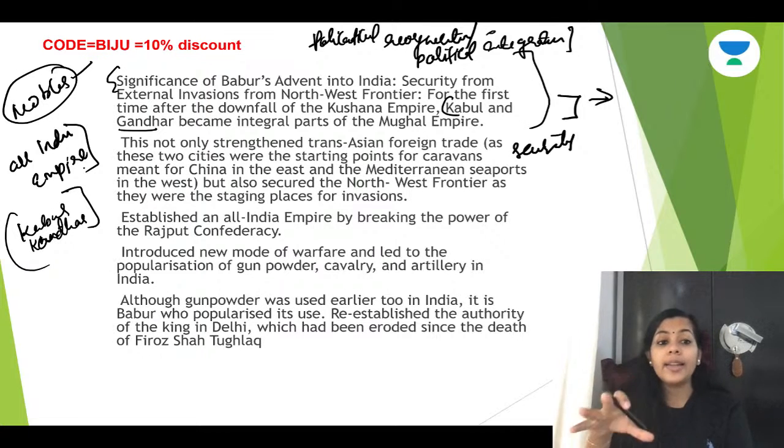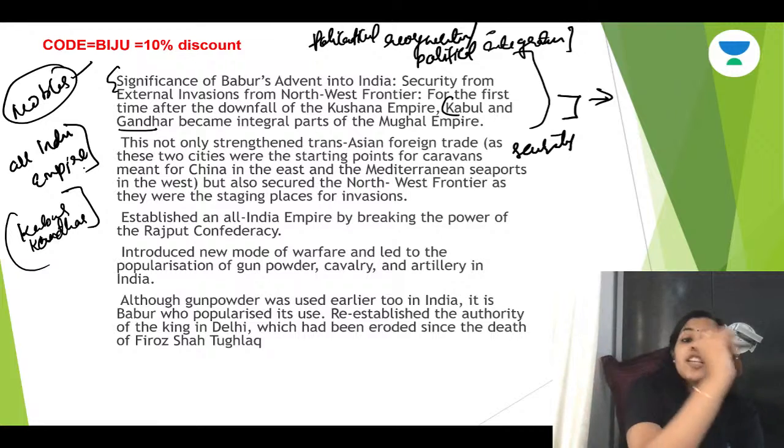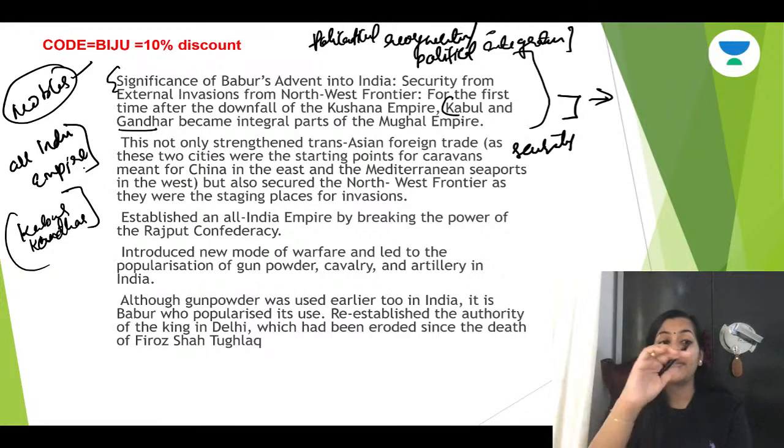When Kabul and Kandahar became part of the Mughal Empire, they did not want to pay any extra tax. Through this way, they can reach other Asian countries. A new way was being paved, a new way through Kabul.